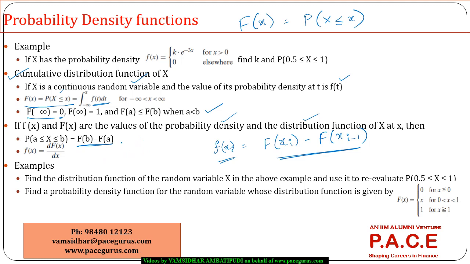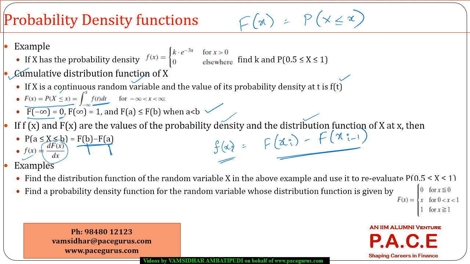Once I have the distribution function of b and of a, by doing a subtraction between the two, I can find the probability lying between a and b. And once I have the distribution function with me, to get the density function I take the derivative of that particular distribution function.